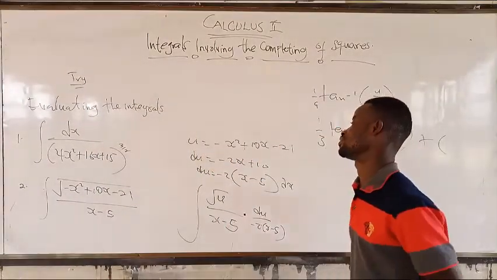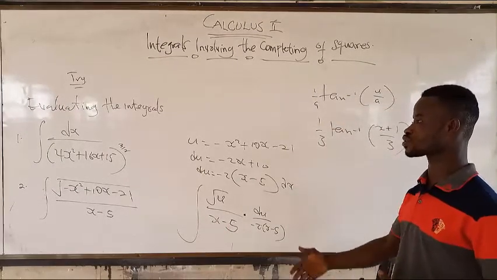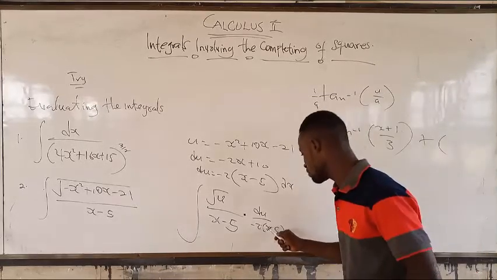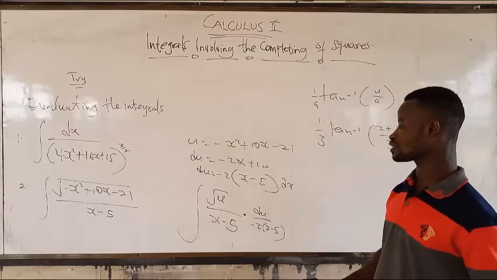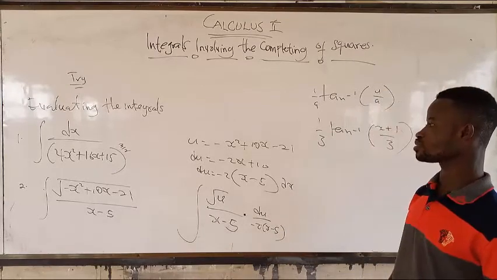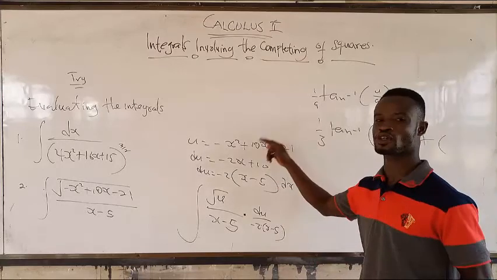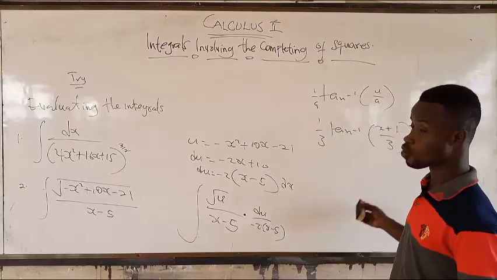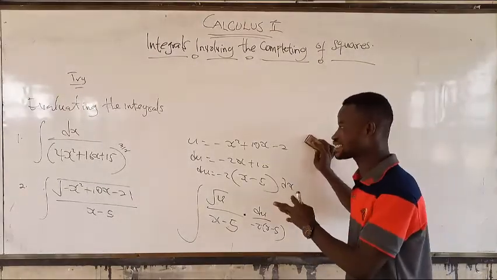If this came on top, then this could cancel this, and you go your way. But so far as this is not coming on top, it's going to be something tedious for you. And if you want to make any subject before you do the substitution, you will just end up committing errors.